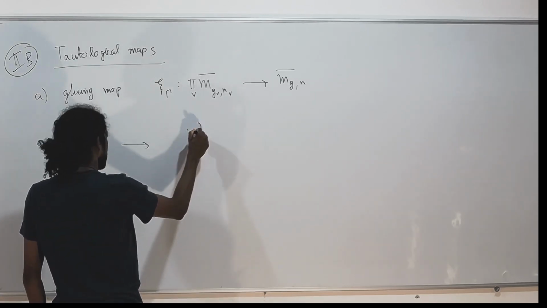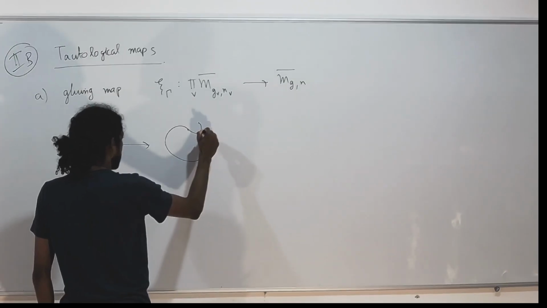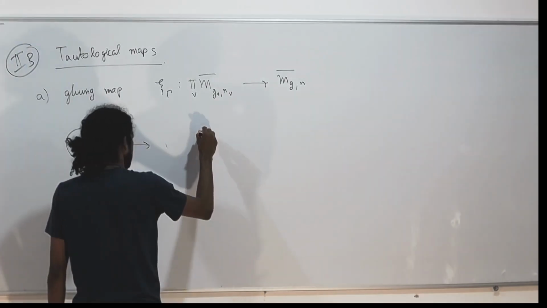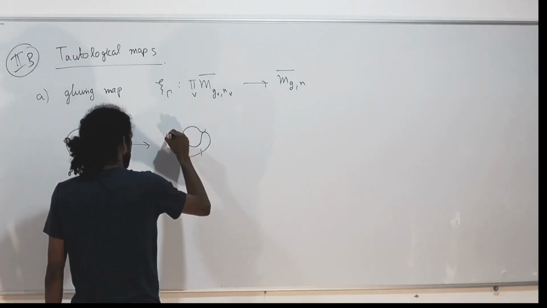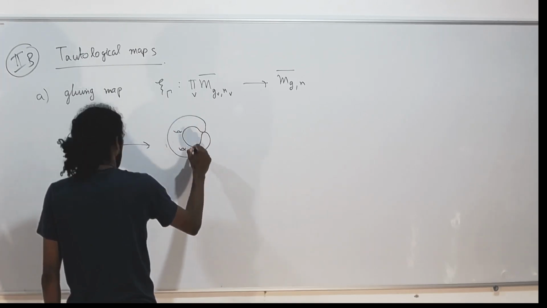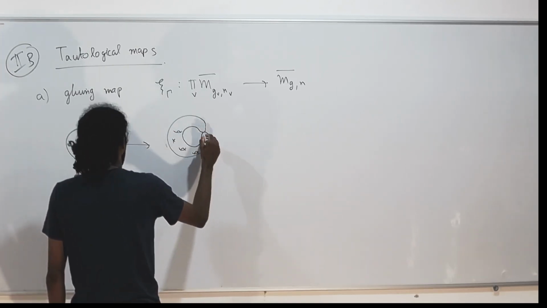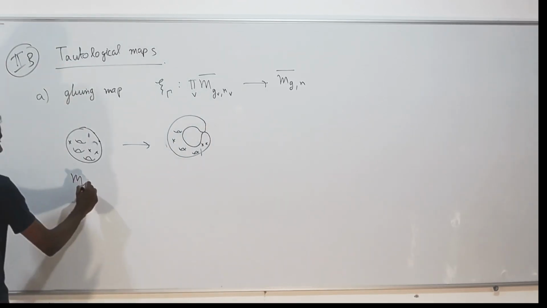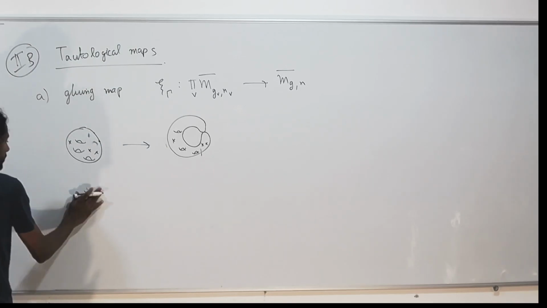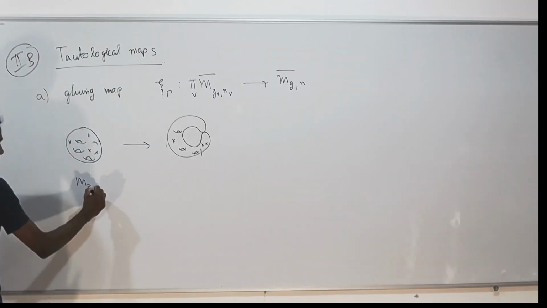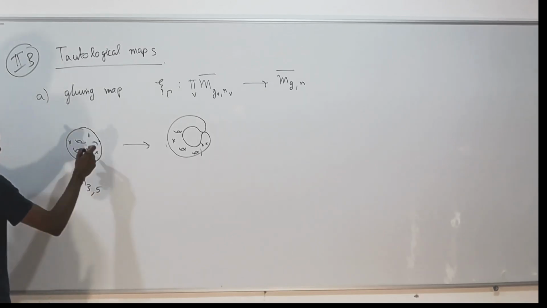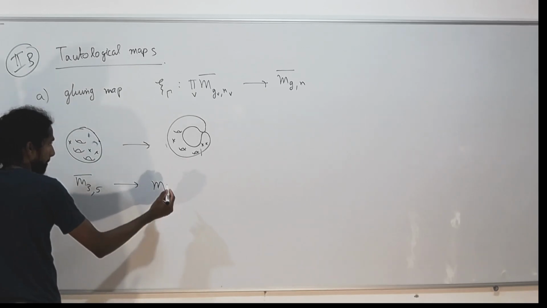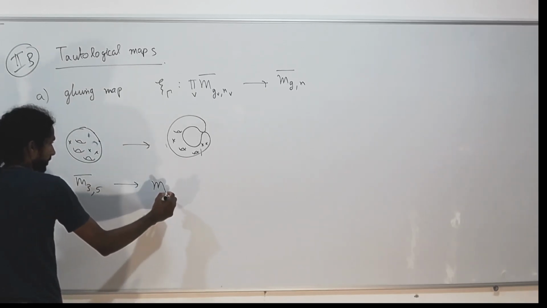So for example, this is a gluing map that takes something in M_{3,5}, with 1, 2, 3, 4, 5 marked points, to something in M_{4}.